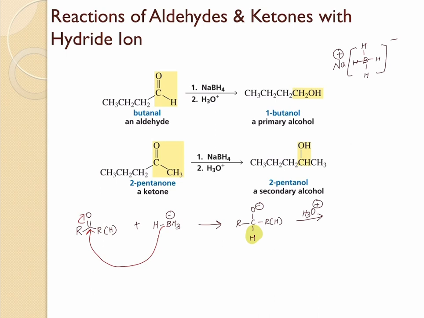Remember, we only add the acid after the first reaction is over. So we need to get the alkoxide ion first, and only then add the acid. This is going to protonate the alkoxide group, to give us the alcohol that we want, which is the nucleophilic addition product.